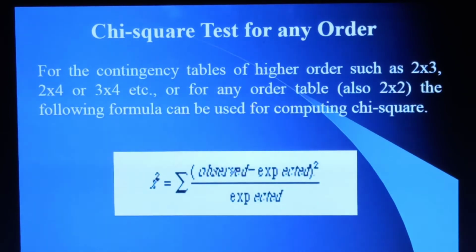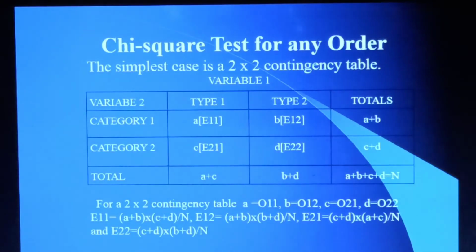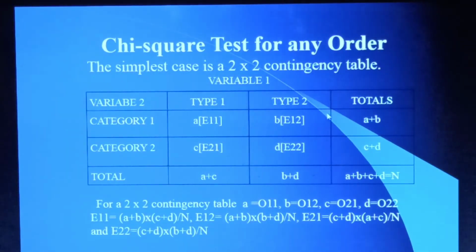With the same example of anemia and gender, we will demonstrate that. First of all, for the general setting A, B, C, D, considering A, B, C, D as observed frequencies, we can calculate expected frequencies. Under the null hypothesis, what is expected in place of A? What is expected in place of B?